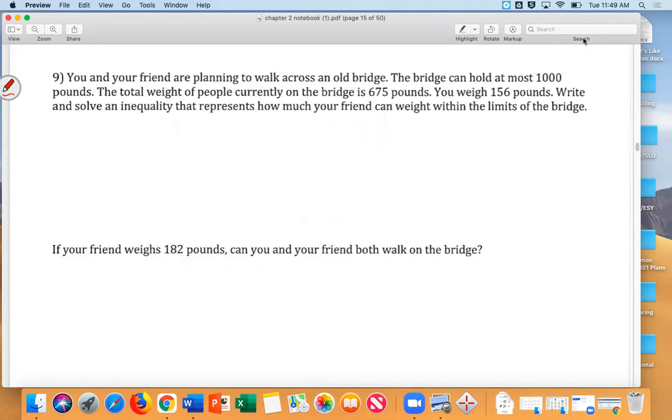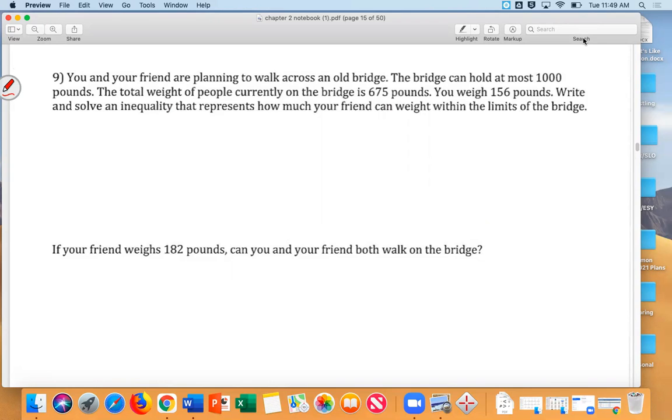The total weight of the people on the bridge is 675 pounds, and Mike weighs 156 pounds. Don't let him fool you, he's pretty husky. Write an inequality and solve it to find out if I can go on the bridge with Mike.